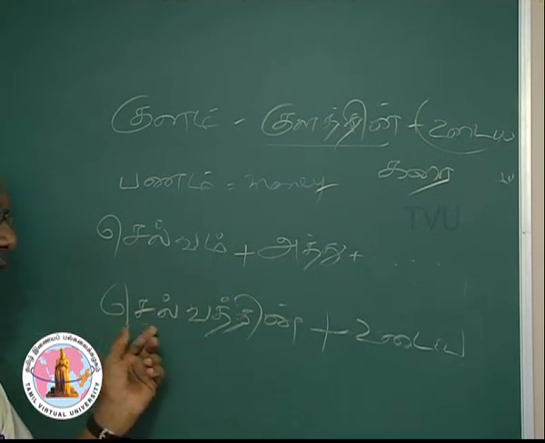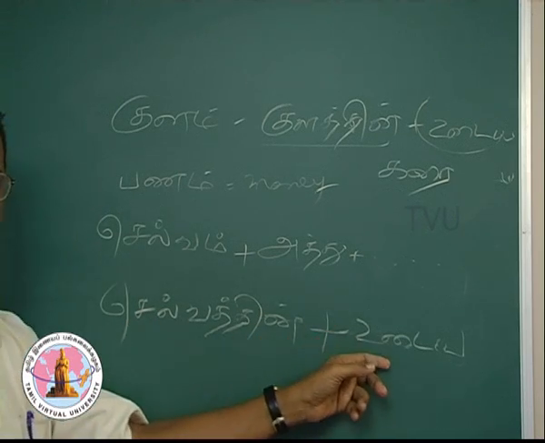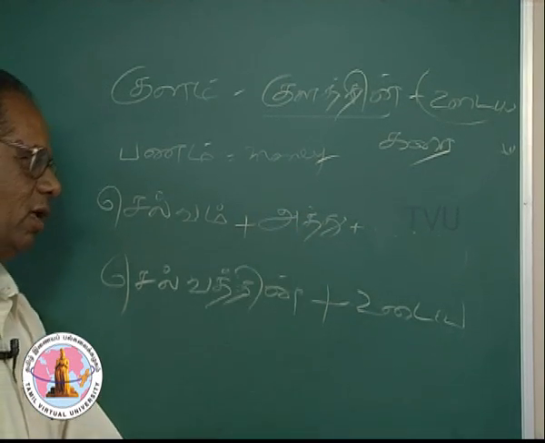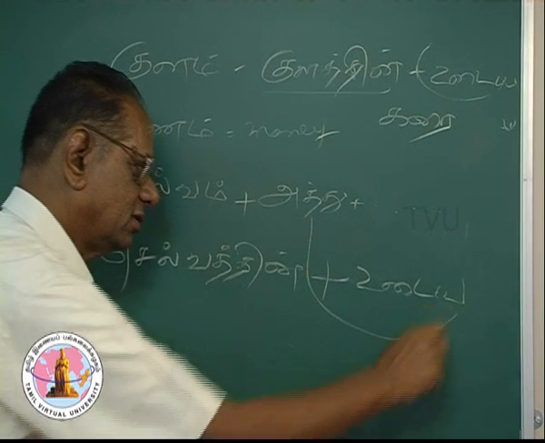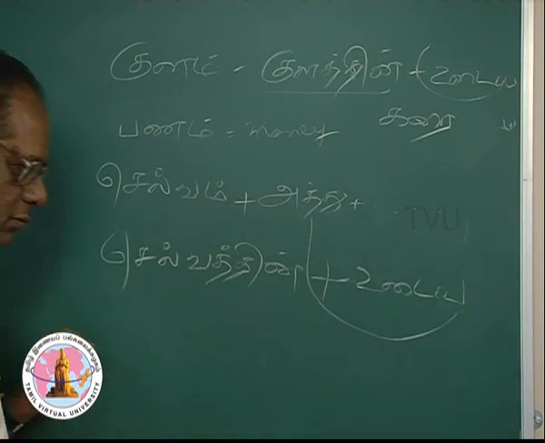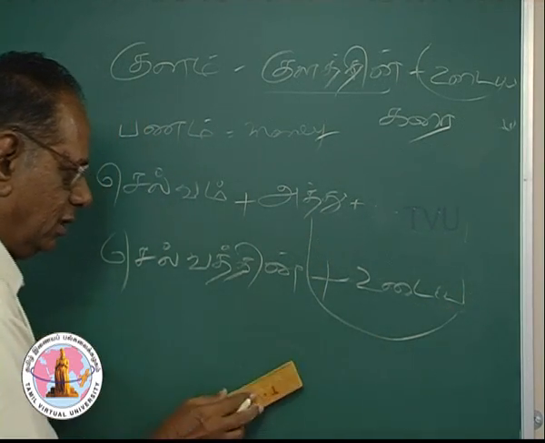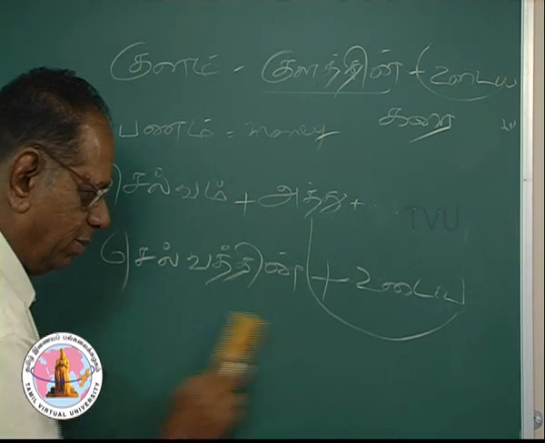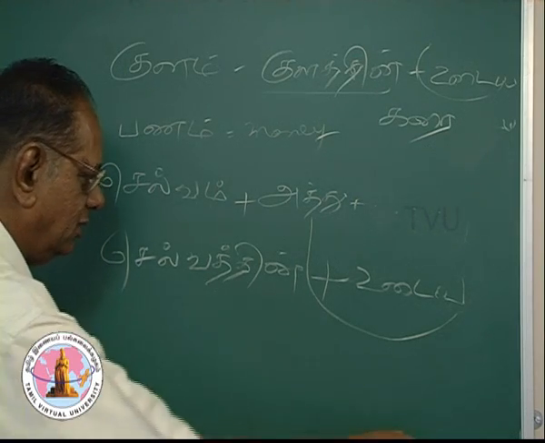So, it will become Shelvathin plus Udaya. Following this formula, we forget this. Shelvathin will serve the purpose of the genitive case.